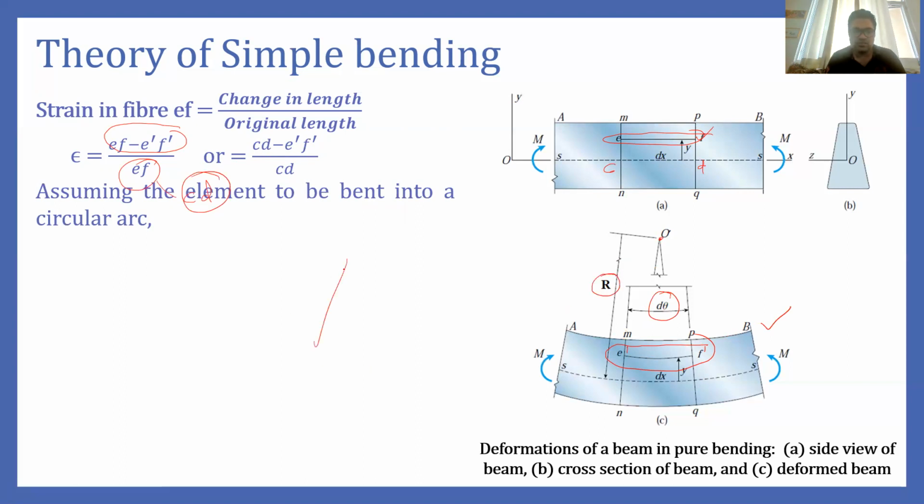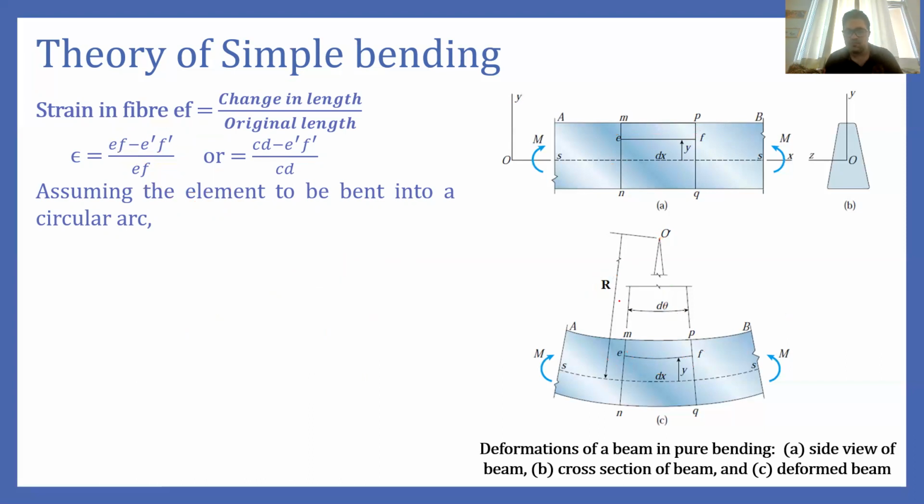For a circular sector, if we know the angle, say theta, and the radius, say r, then we can find the length. Say this is length AB. So AB in this case would be r theta. This is how we can find the length of an arc if we know the radius of curvature and theta.